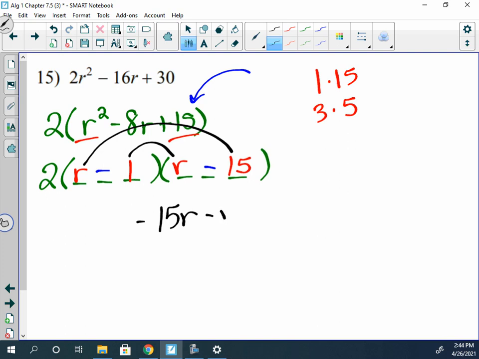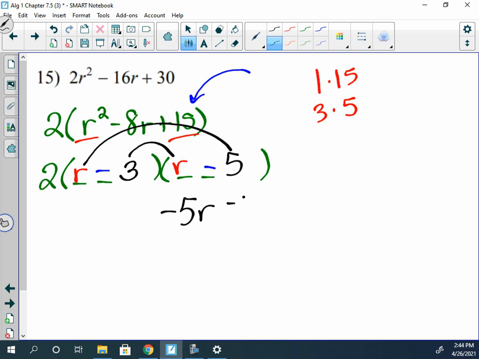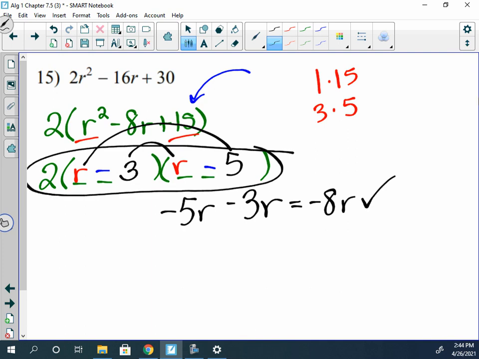Negative 1 times r would be negative r, which would be negative 16r. So 3 and 5, because r times negative 5 would be negative 5r. Negative 3 times r is negative 3r, which gives us negative 8r. And that's exactly what we wanted.